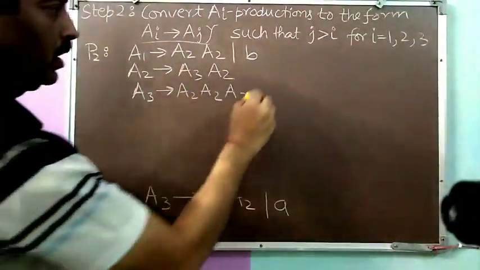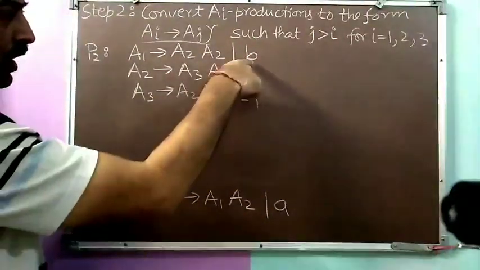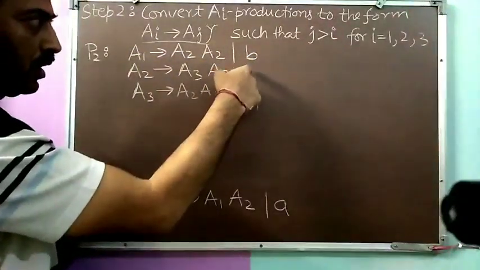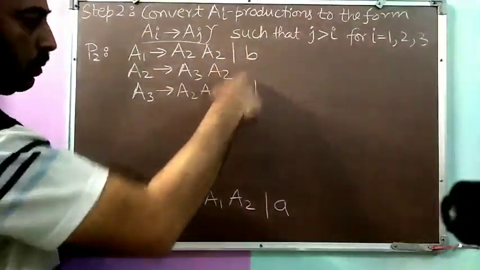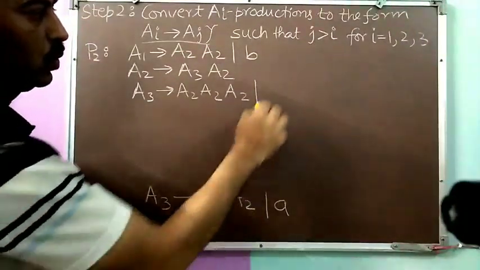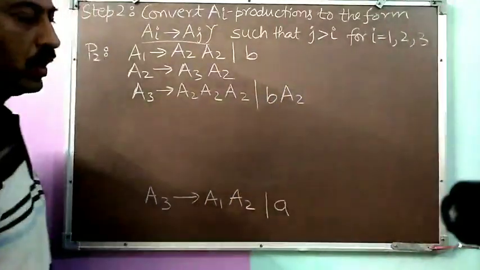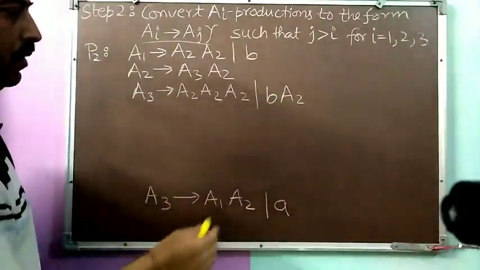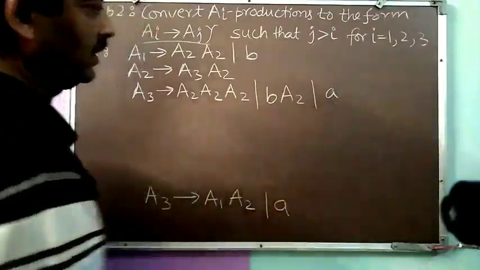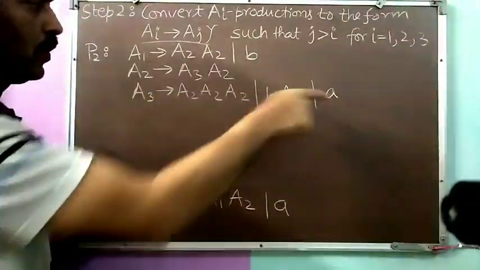Then we will take the next value. The next value is B, since the value of A1 may also be B as per the A1 productions. So at the place of A1, we will put this B. So this will become BA2. Then A3 to A does not have any problem, so it will be included as it is. So we have applied lemma 1 and we have found this result.